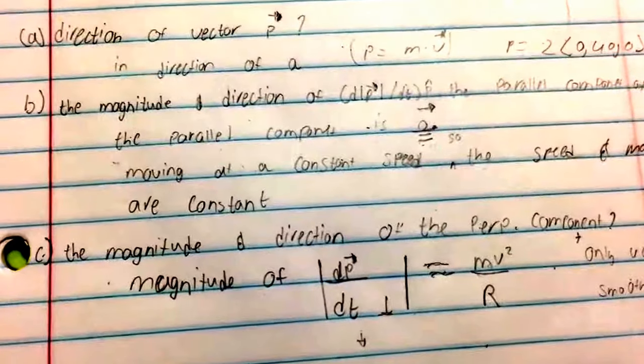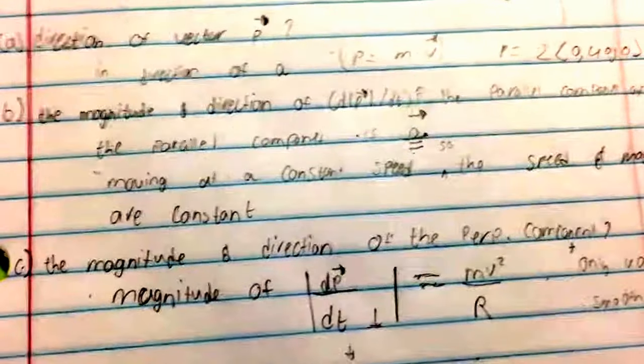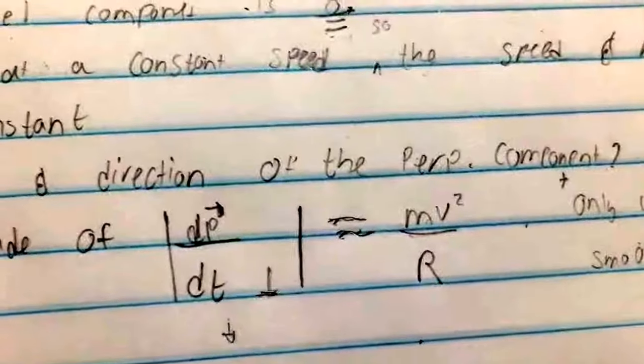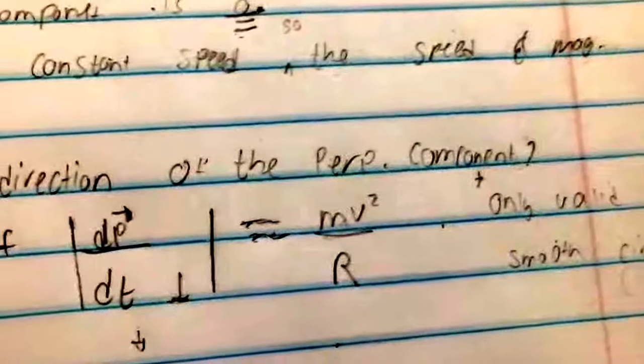Then C was asking what the perpendicular component and the magnitude were. For this one, you can use mv squared over r. This only works when there's a smooth circle, and for this to be valid, it has to be constant speed, and has to be for smooth circles only.